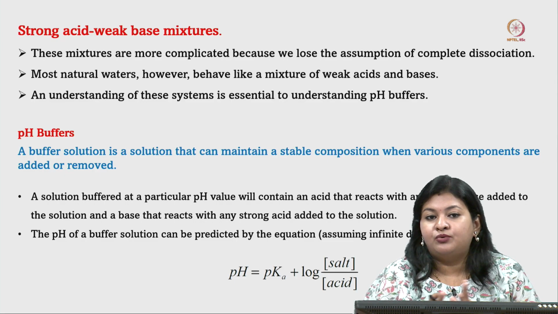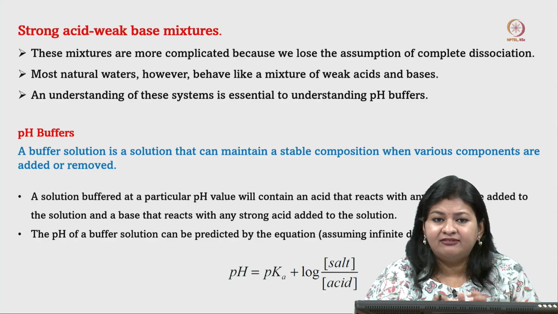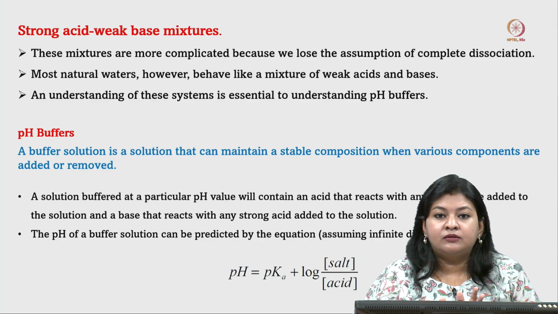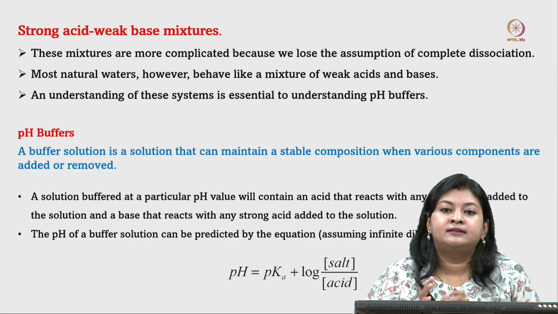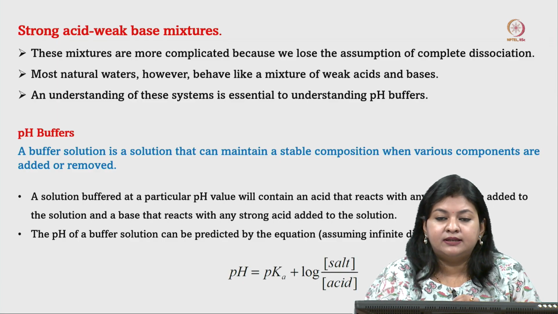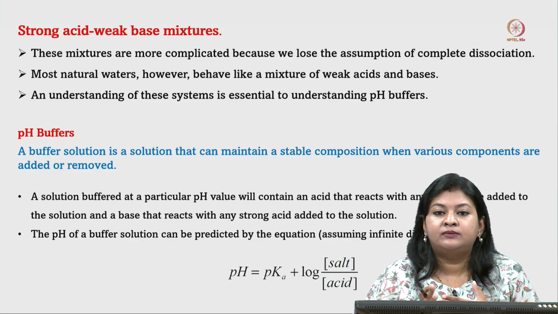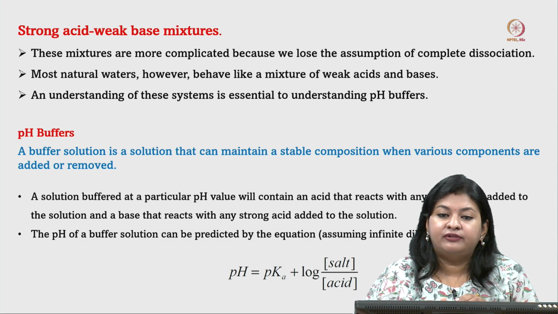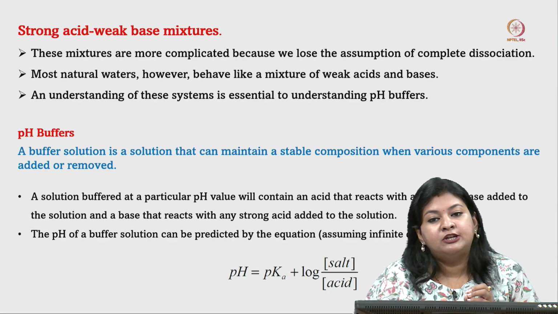Natural waters are more complex systems. It is always a mixture of weak and strong acids and bases, and we find all of them in a system. And generally we need to understand how pH buffering will happen.